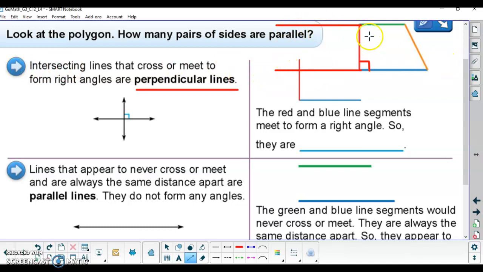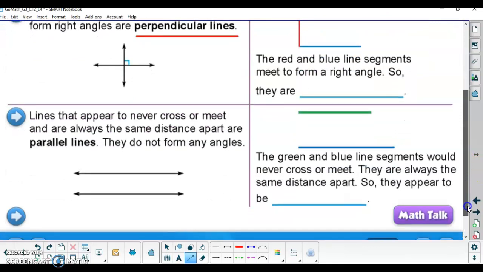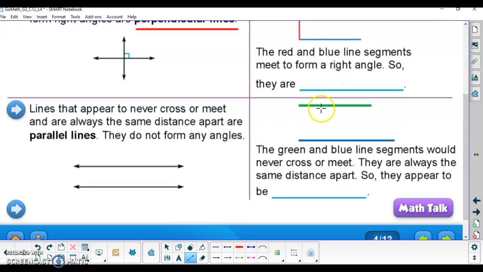They're never ever going to touch. So lines that are never going to touch like that, going across opposite ends of each other, those are parallel lines. Lines that never meet are parallel lines.